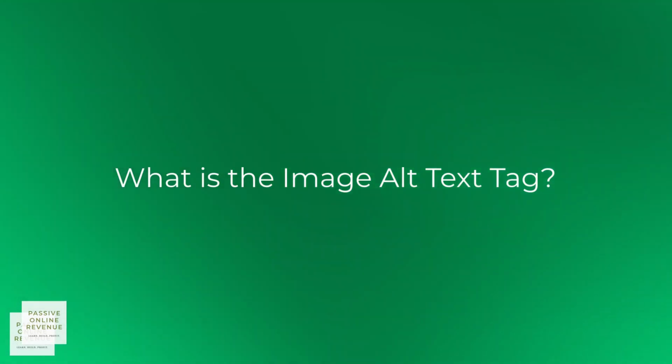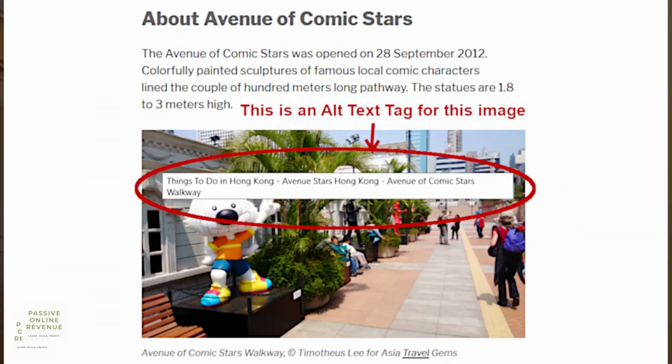So, how do you get in on this traffic source? Well, you use image alt text tag. The image alt text tag is the text that can be seen when an image on a page is not displayed.